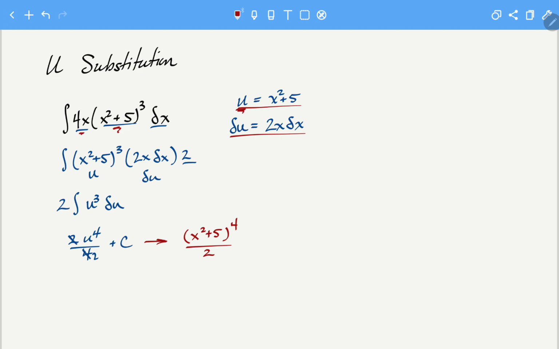Even though we had a 4x, we were able to replace that with 2x, and the dx was already there. Then we replace those variables with u and du. That should make our math much simpler, as it did here, and then you just bring them back in. That is the fundamental core of u substitution.